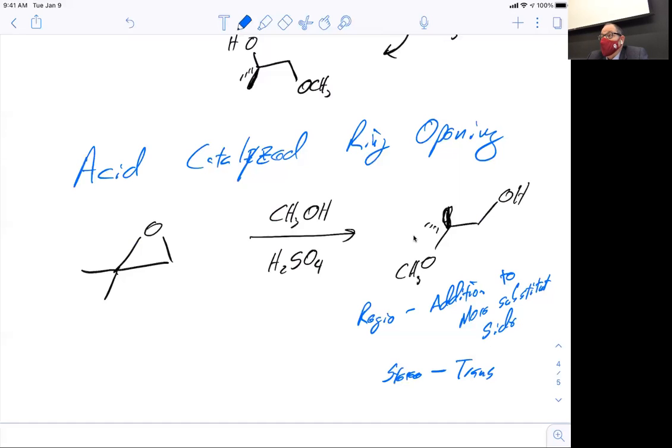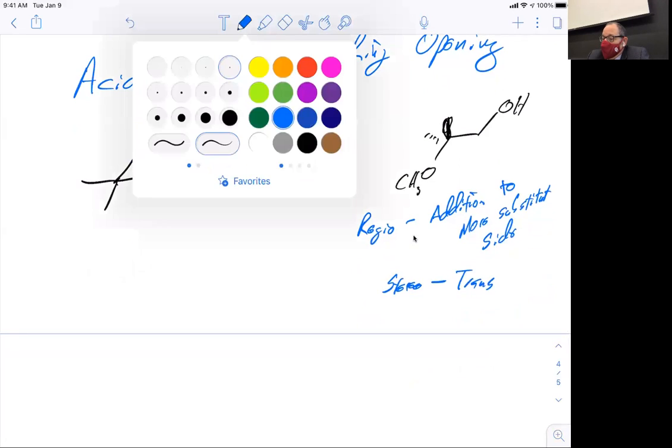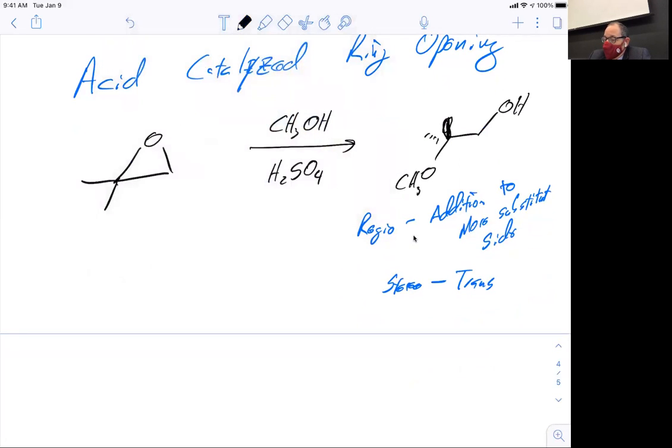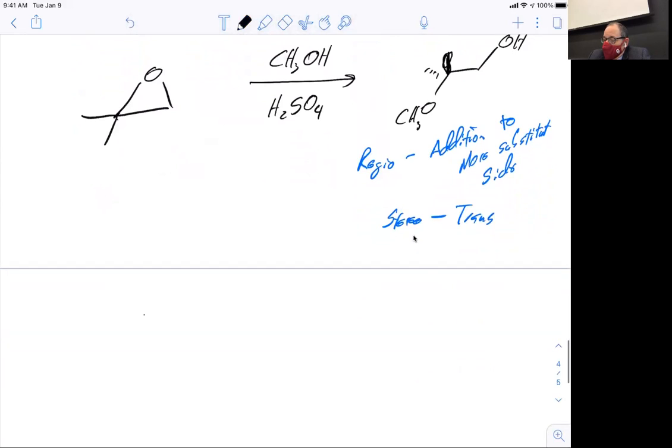So just looking at these two things, you should be getting to the point where you can dissect that to say that if there's stereo control, there's no carbocation. And if your brain didn't automatically jump to that, don't worry about it. It takes a while. But there are clues to tell you what's going on.